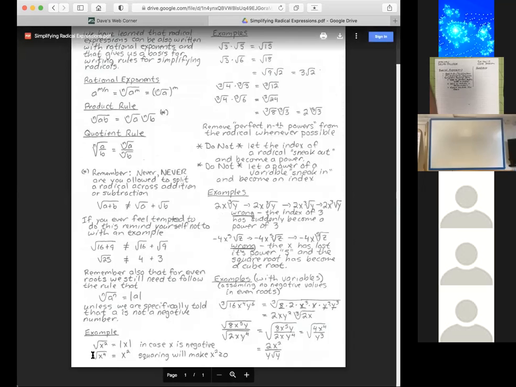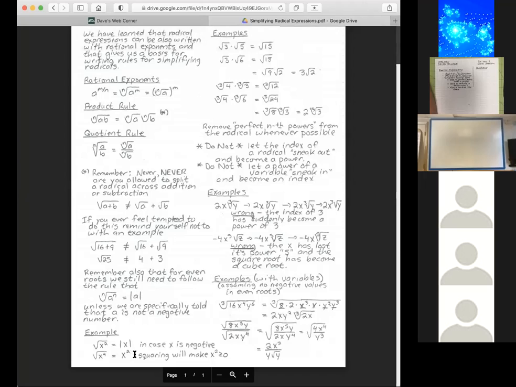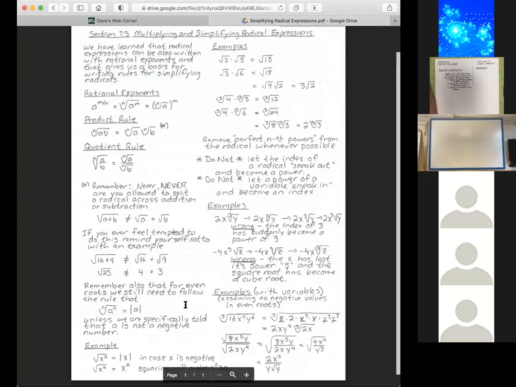But the square root of x to the fourth can be written as simply as possible as x squared, because squaring the absolute value will not be different than squaring the x. So the squaring makes that number positive.